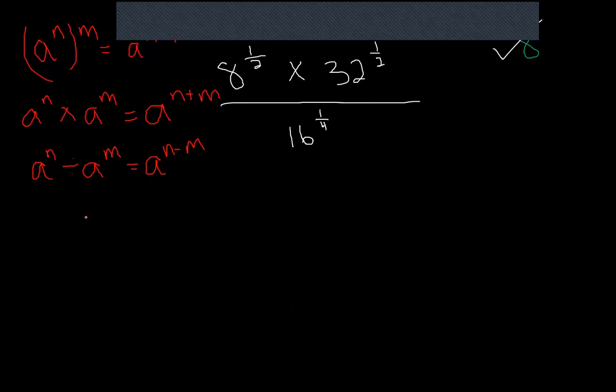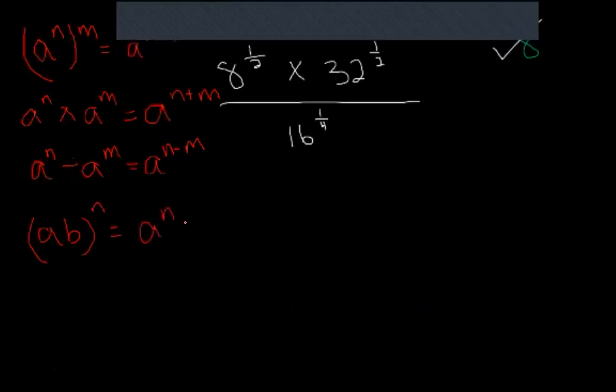So instead of converting all of them to the same base, to the base 2, I could apply this rule, because we know this rule as well. a b to the power of n is the same as a to the power of n multiplied by b to the power of n. So what does that mean for me?